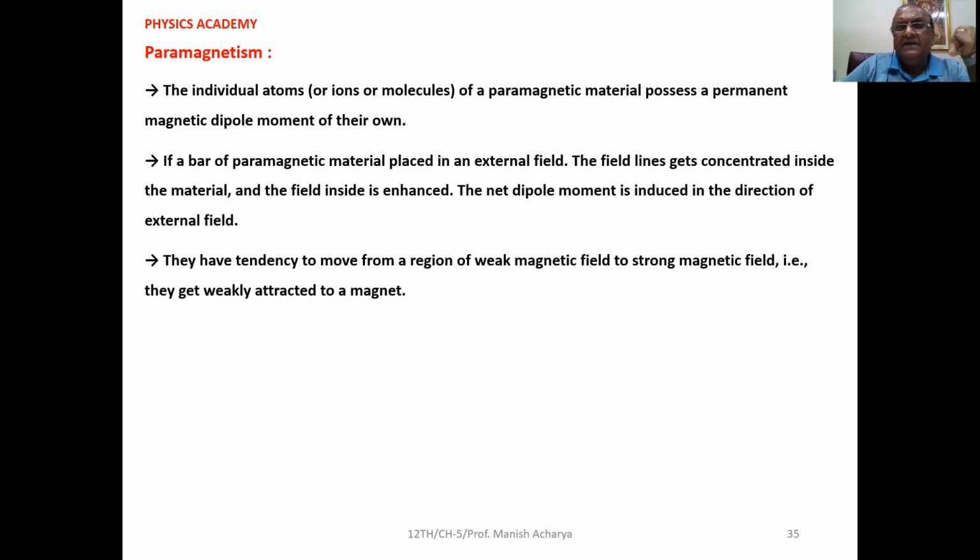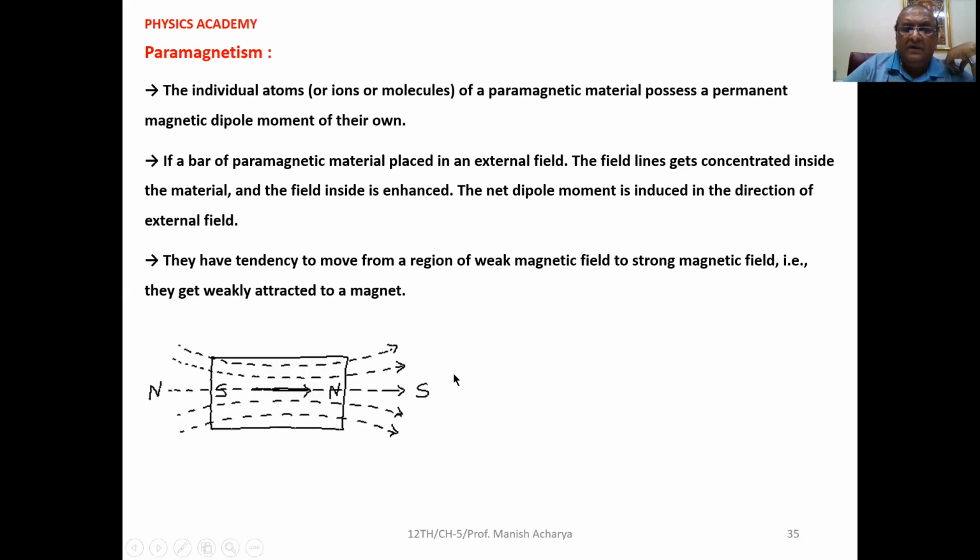And when these paramagnetic substances are placed in the external non-uniform magnetic field, then they have the tendency to move towards the strong magnetic field region from the weak one. Now see, in the figure, it is represented when the paramagnetic sample is placed in the external field.